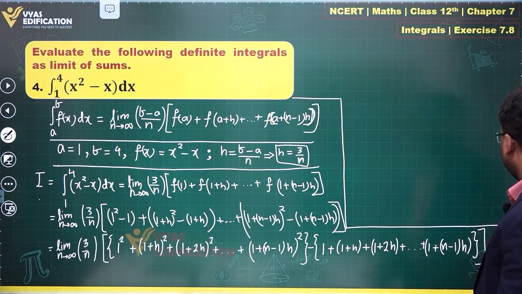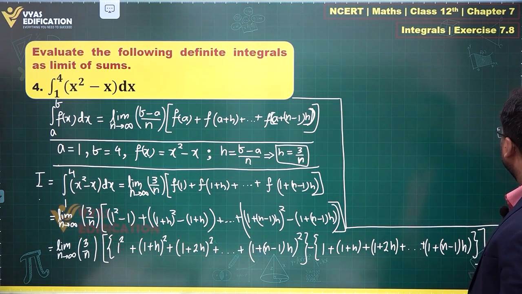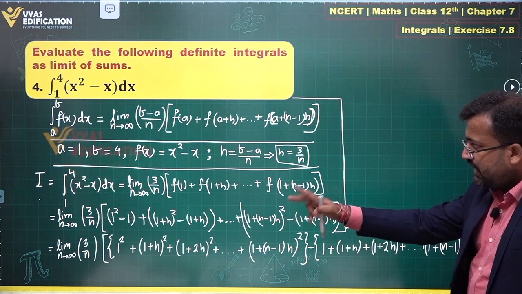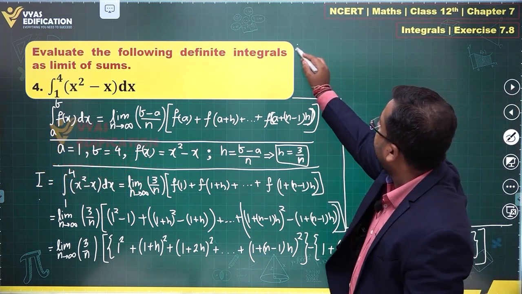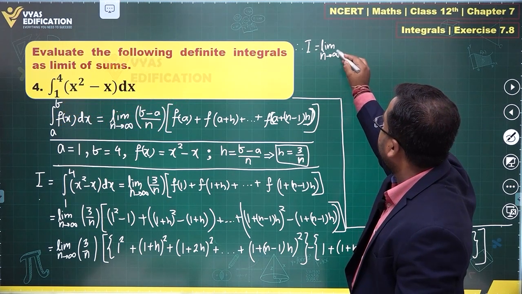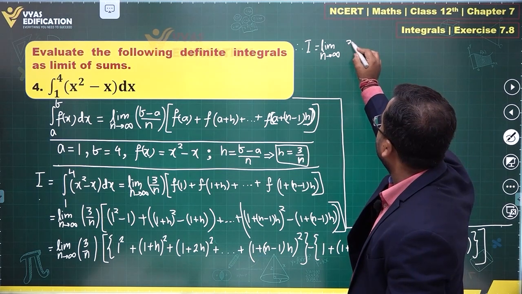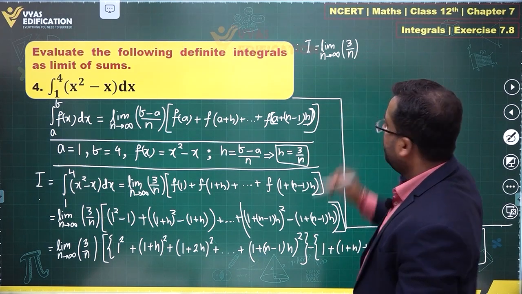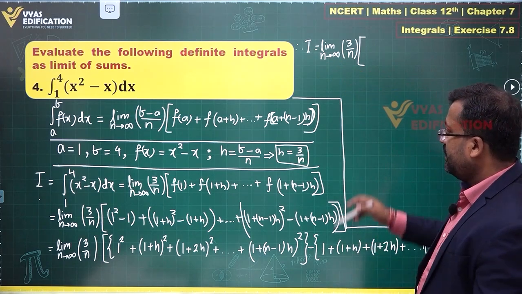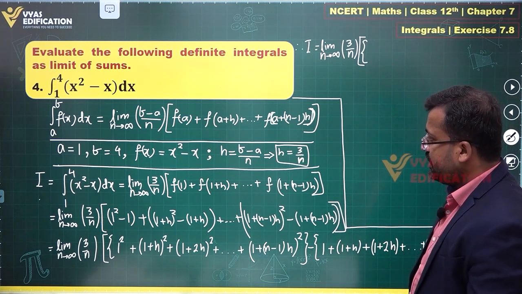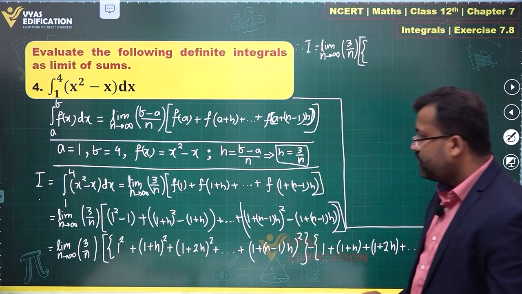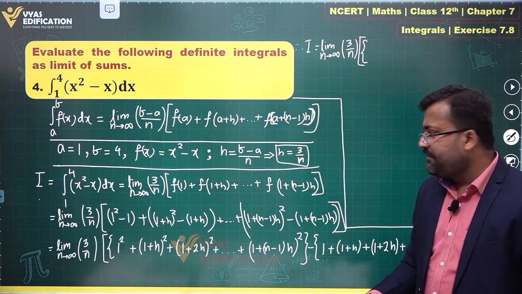So let's continue further with this term over here, and what does that give me? Limit n tends to infinity. Therefore, I will be equal to limit n tends to infinity 3 by n, square bracket actually, and what does that give me? Curly brackets, 1 square plus this 1 square, this 1 square, and this 1 square. So there will be 1 square how many times?